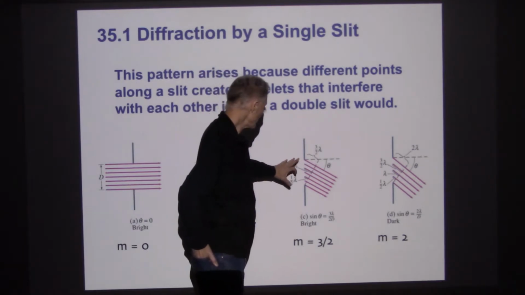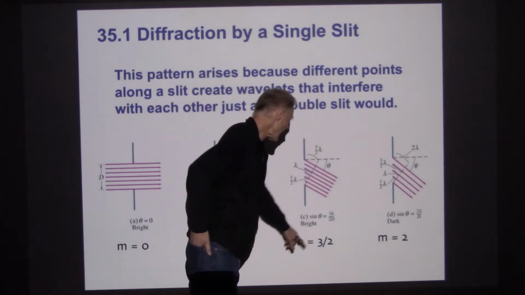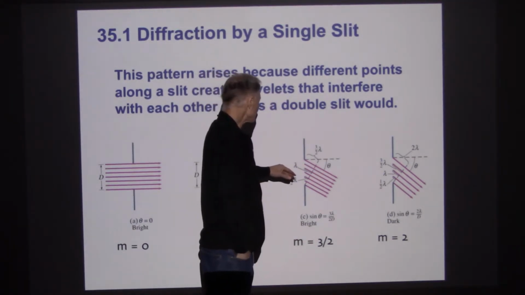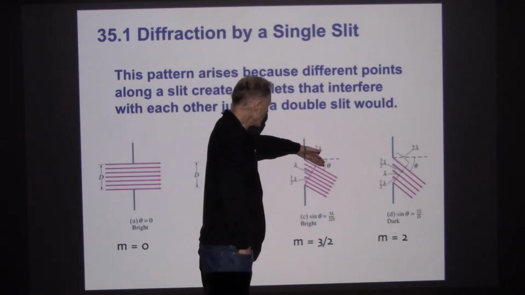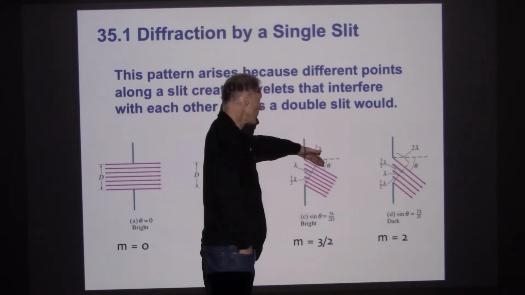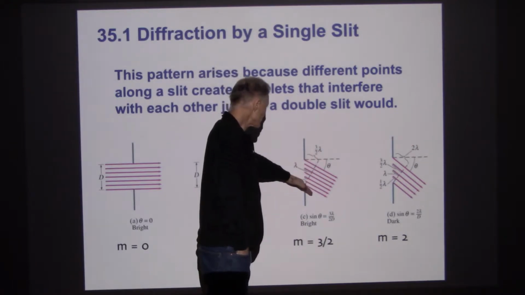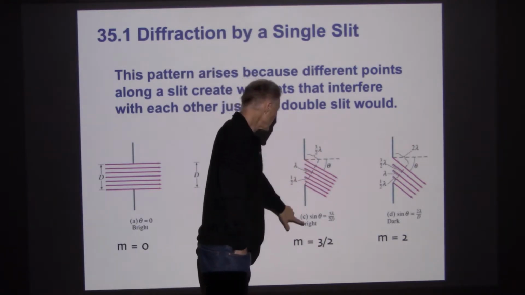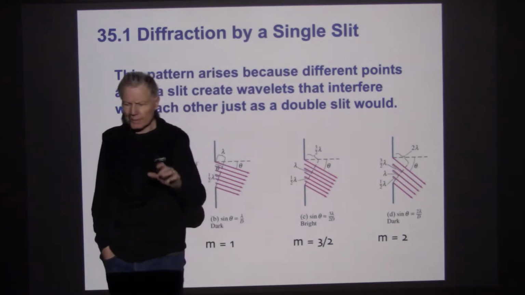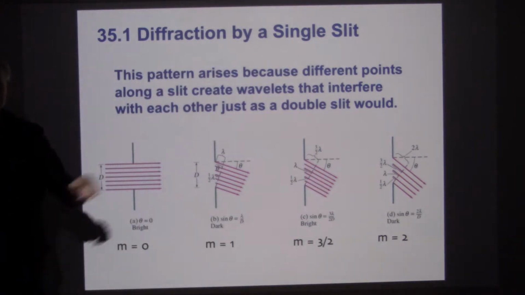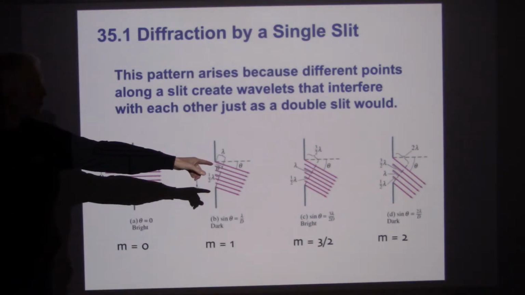All right, what happens when we get to m is equal to 3/2? In this case, this longest path is longer by a wavelength and a half. It actually turns out when we add all these things together, we get a bright region. Now, it's not as bright as the central maximum. This is something going on in one of the fringes.